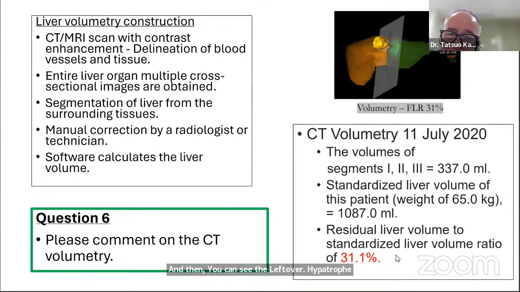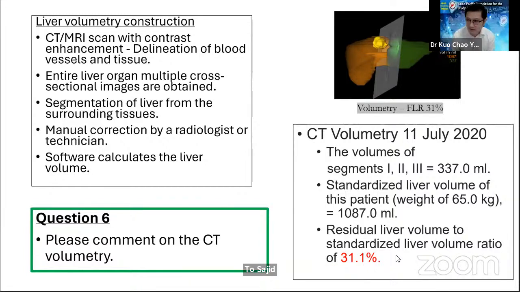Then you resect the tumor. I think you show the Imamura's paper, that's one Makuuchi criteria. If you can preserve the liver function, maybe you can do surgery.